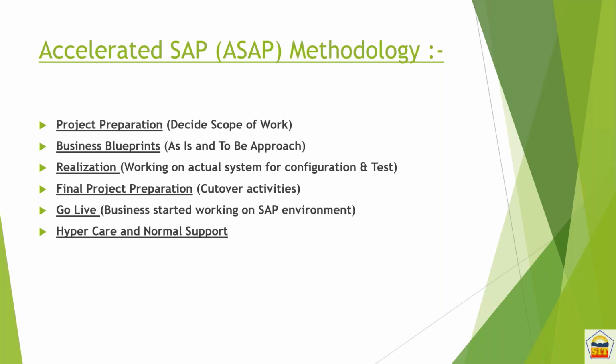So we have the variation between as-is and to-be: what the current business process is, and after the user uses the same process in the SAP system, what is different, what the client is expecting us to deliver. That is part of the to-be.